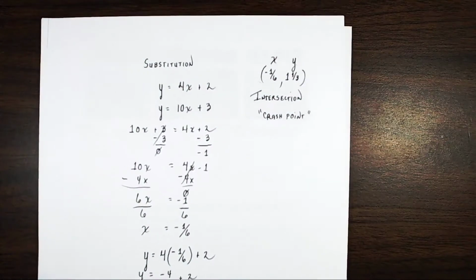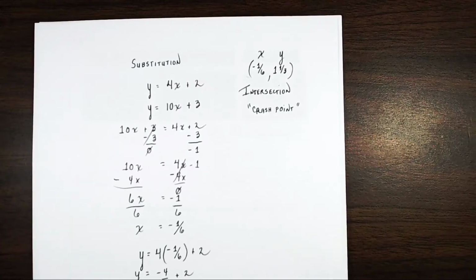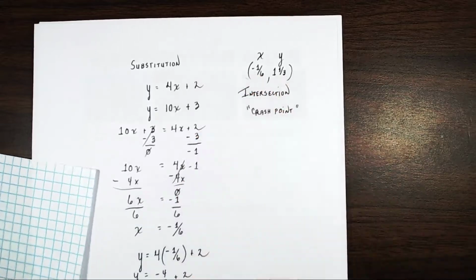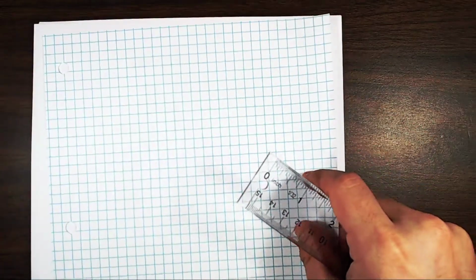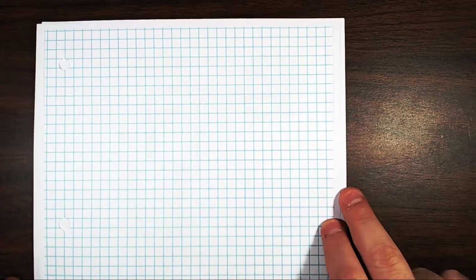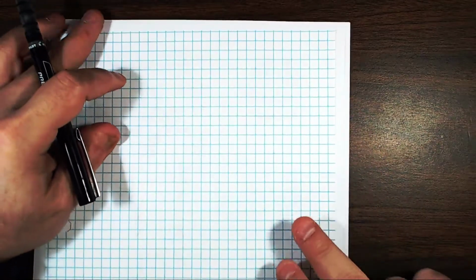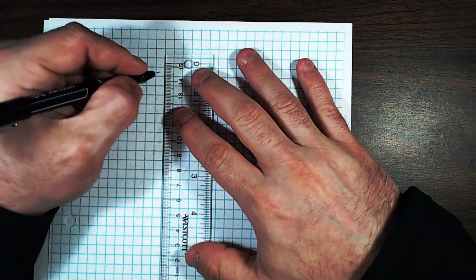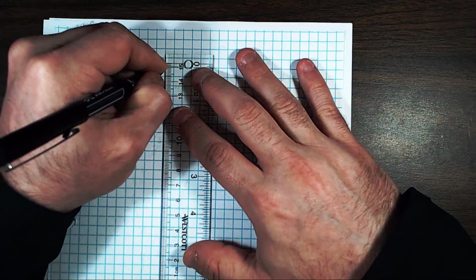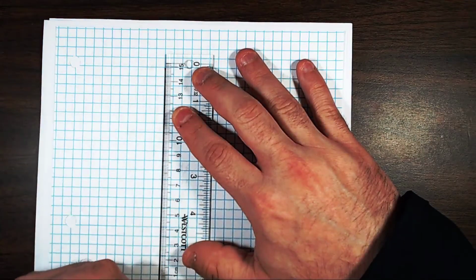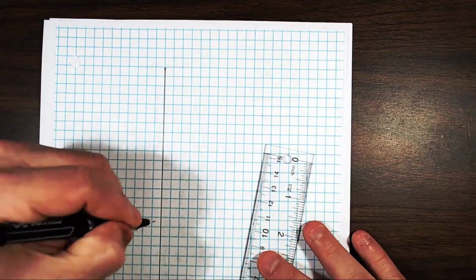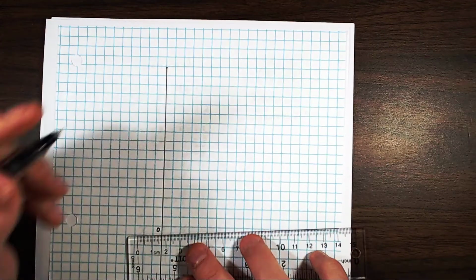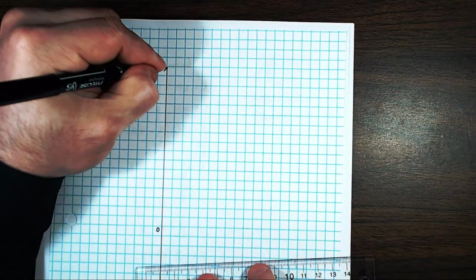All right? So before we get out our calculator and check all this, because I'm going to show you how to do this on the calculator, I want to show you how to do it by hand. So let us create a graph, and let's just call this point 0 right here, and this is the y-axis.